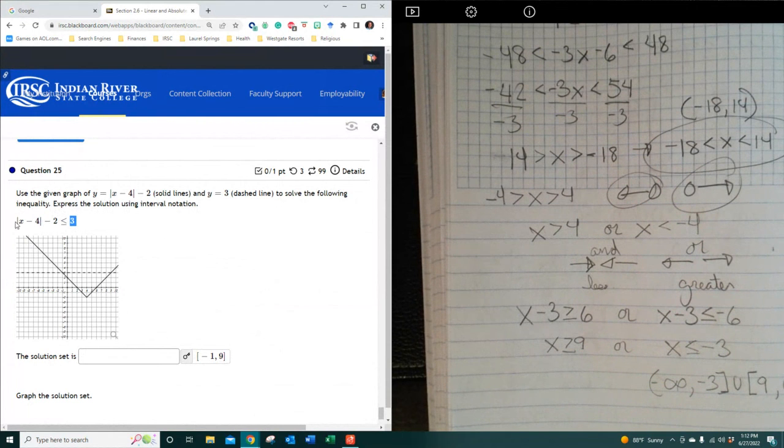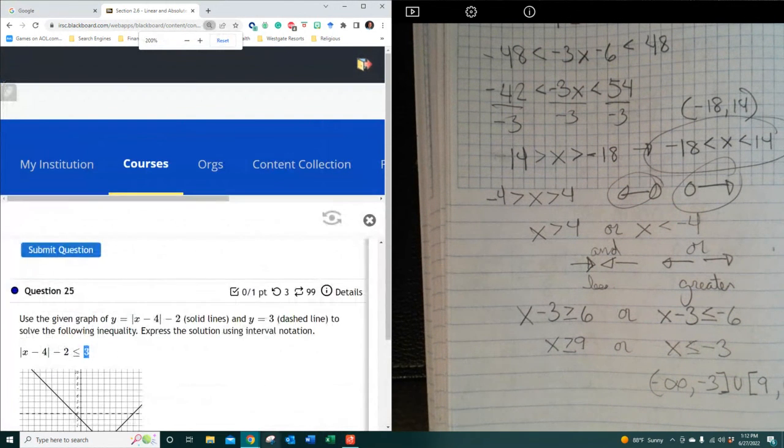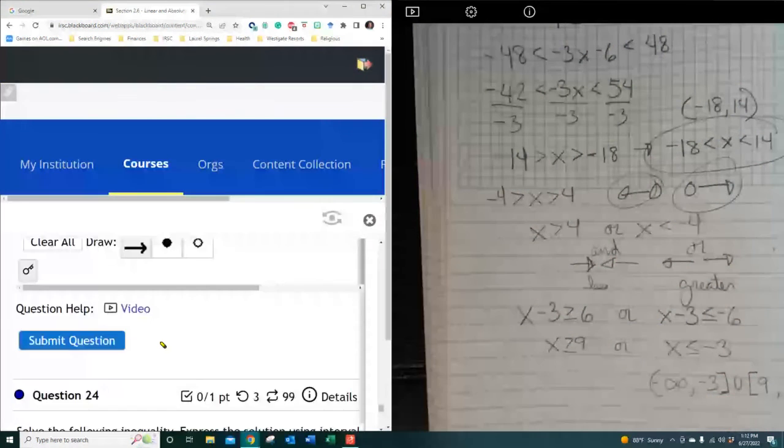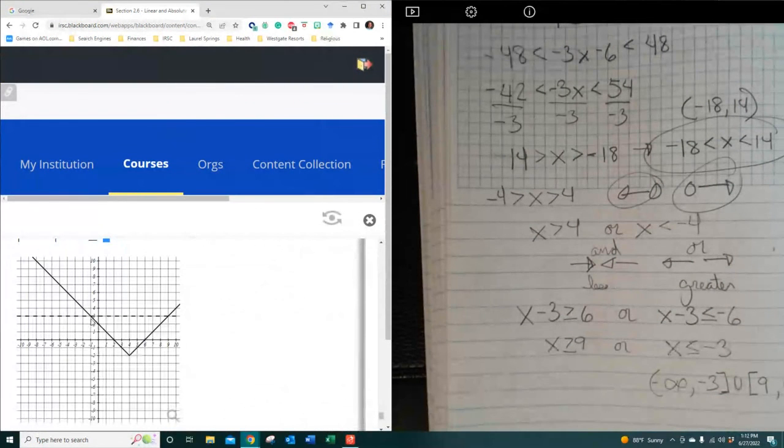So where this is less than or equal to this is at the interval of -1. I'm going to zoom in on this a little bit. From the value of here to here is when this solid line is less than the dashed line.